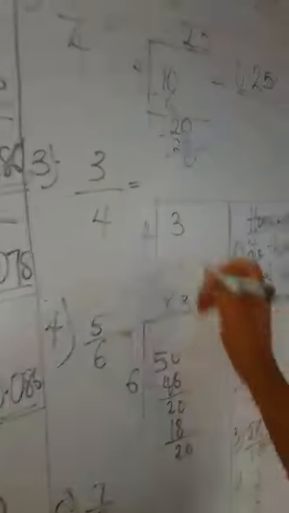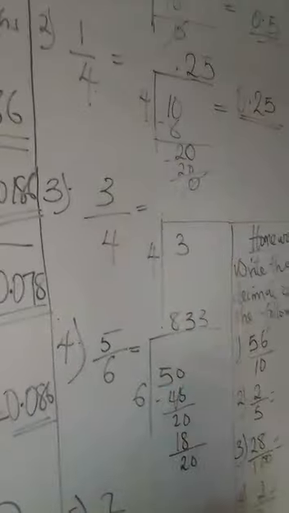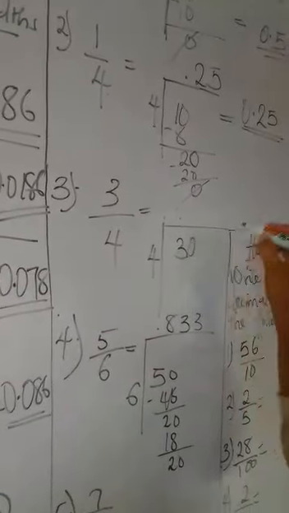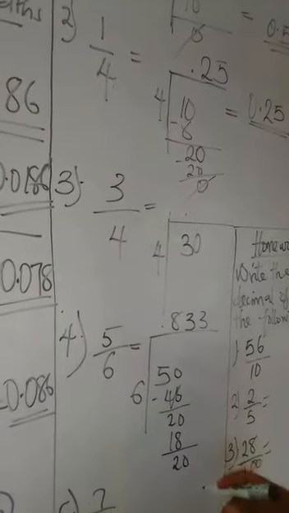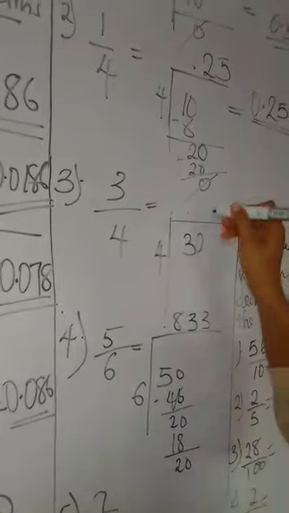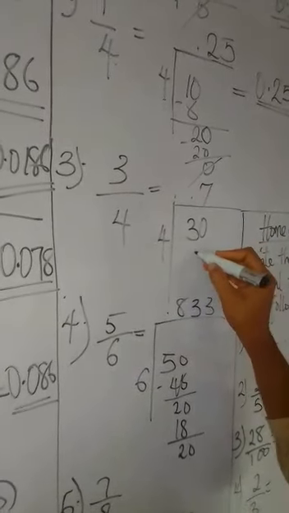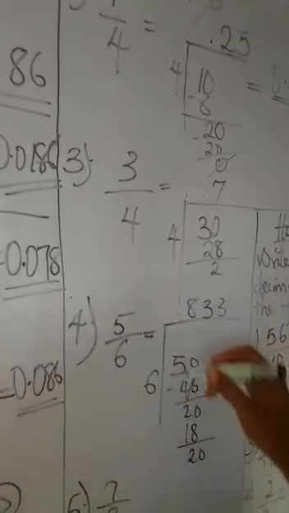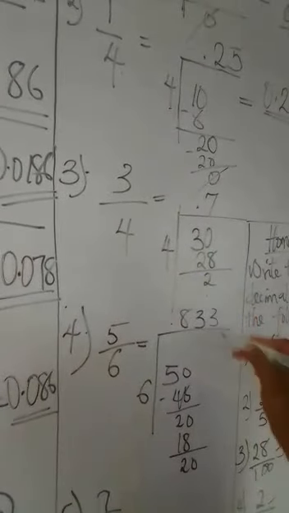Alright, let's have number 3. 4 divides 3. Can't go, the decimal point, 0. 4 divides 30. I'll get 7. 7 times 4, 28. And the remainder 2. 4 divides 2, it can't go.